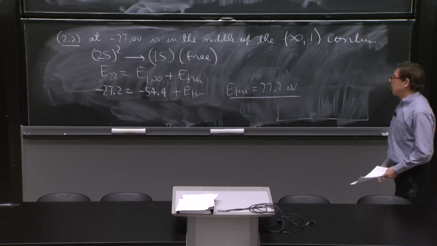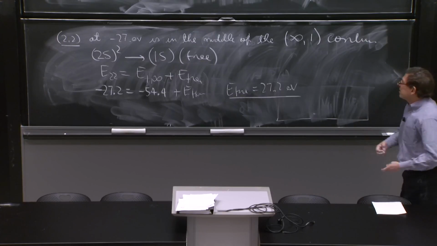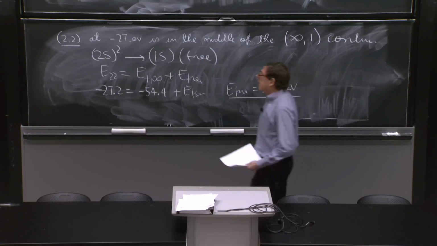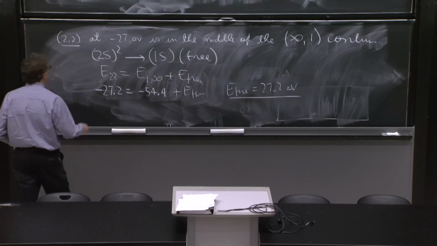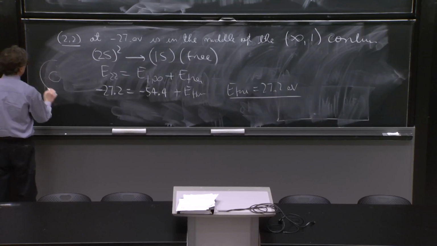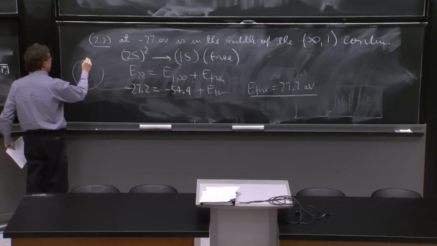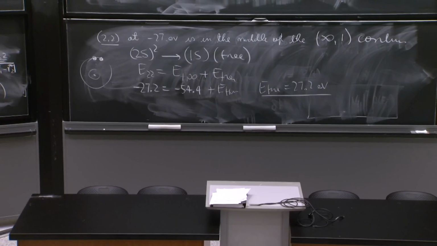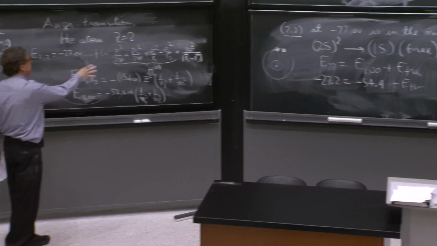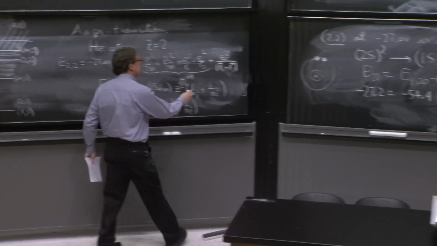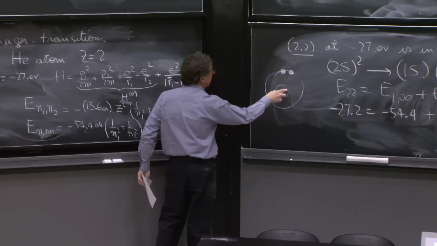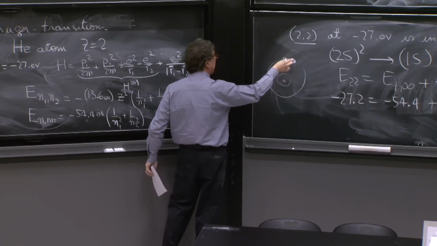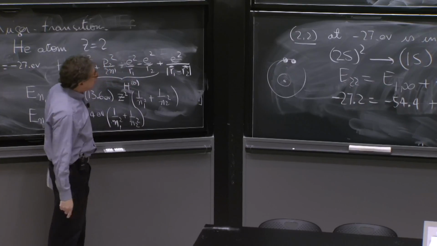So how do we visualize this? If you wanted to compute it, and it's kind of a fun thing, but we will not do it, you think of the initial 2s state: you have the atom, the two electrons, and you think of them as having an initial hydrogenic wave function. Then suddenly, because maybe something happened, this 1s electron got excited, and for an instant of time the two are there in the 2s.